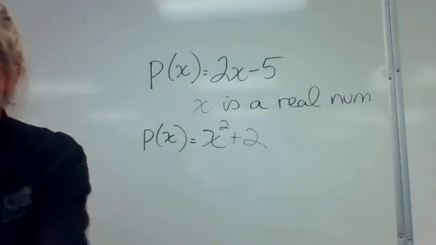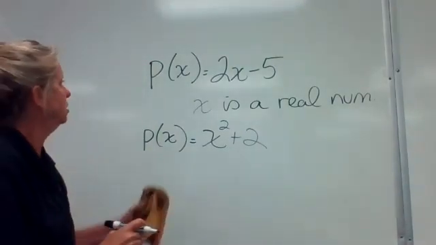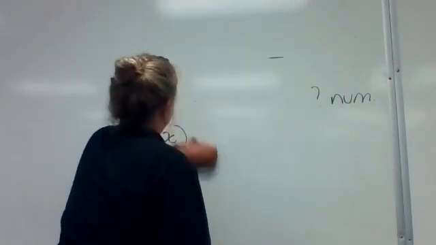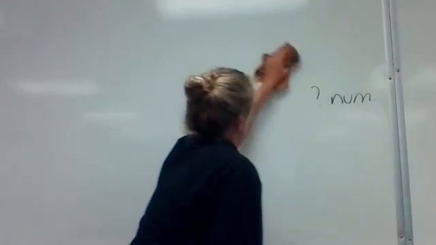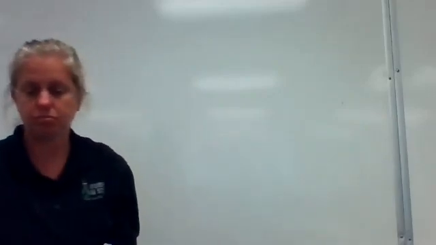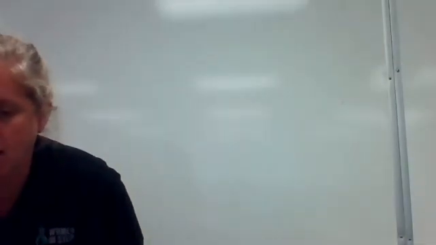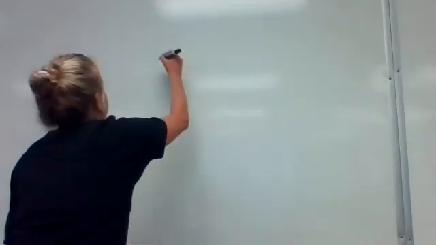All right, but number 6. g of x equals 9 over 6 minus 5x.